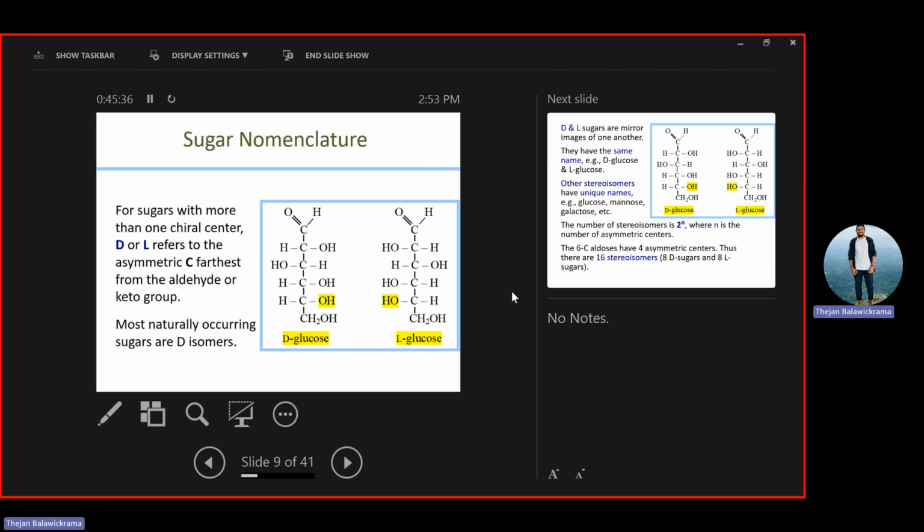We talked about what is aldose, what is ketose. So is this aldose or ketose? Aldose, because we have an aldehyde group, right? We can quickly figure it out: this is not a ketone, this is aldehyde, so this is aldose. Right. And we have 1, 2, 3, 4, 5, 6 carbon atoms.